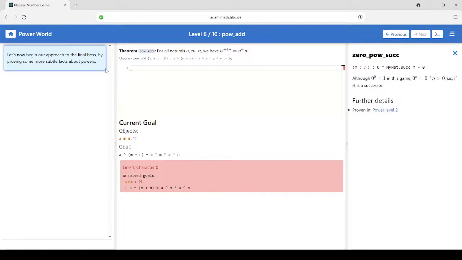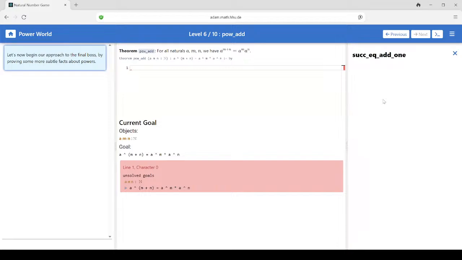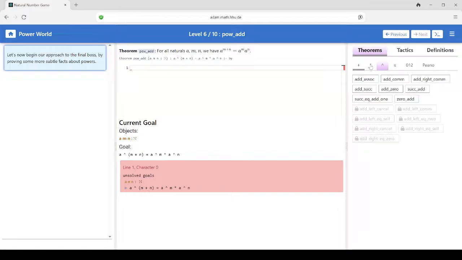Right, I'm pretty sure there's nothing I can do with this equation before I start the induction process. Nope, nothing. There's nothing I can do to these.